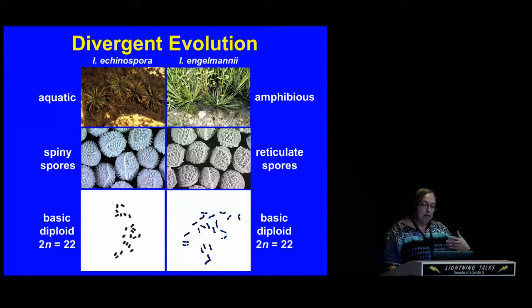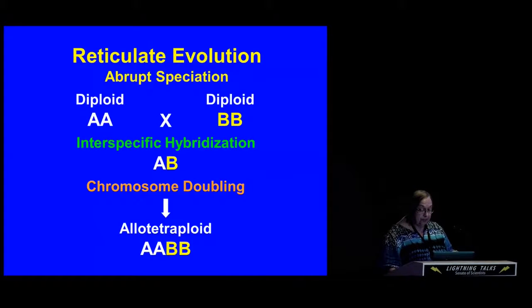With respect to the diploids, we're looking at divergent evolution with respect to the habitat and the spores, and since they're both diploids, 2n is 22 and the base number is 11, so you can't really differentiate them by chromosome number. But what's true in plants is that there is a lot of reticulate evolution, where diploids come into contact with each other.